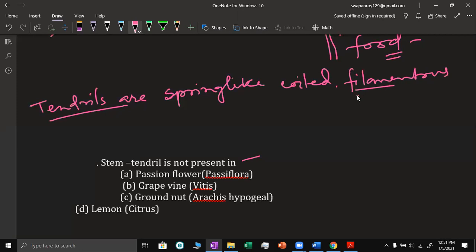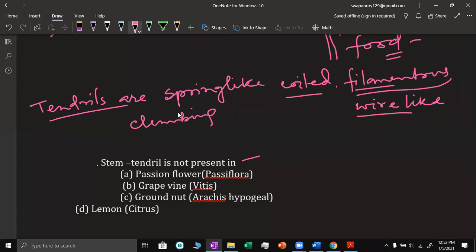Filamentous, it is just like a wire, okay, a wire-like structure, and this is for climbing and found in climbers. Tendrils are of two types: stem tendril and leaf tendril.